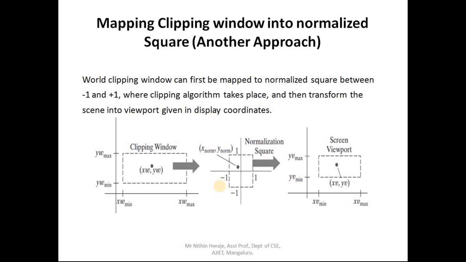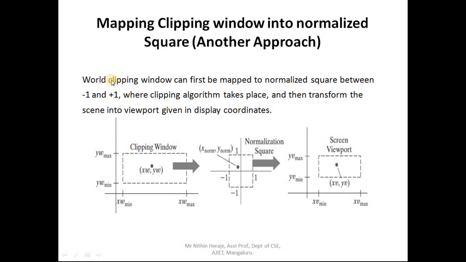So mapping clipping window into normalized square. So here, as we said, there is a separate transformation from normalized window to the viewport screen. Okay, so if you look, the difference is that in the earlier approach this was combined, and here we have a separate translation from normalized window to the screen viewport.